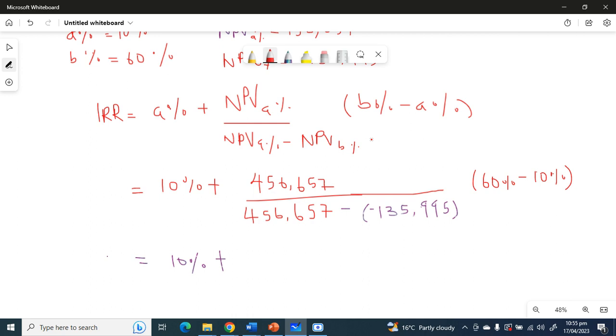Some can use 49, some can even use 100%. Now I'm asking for this tabulation here, for the ones moving with a 60% discount factor: the denominator, and then when you divide by the numerator, I just want the whole figure here. Then in brackets, 60 minus 10, that is 50%.